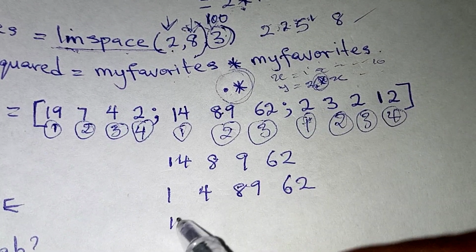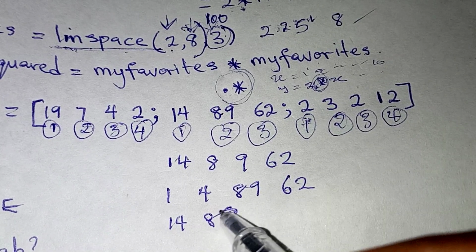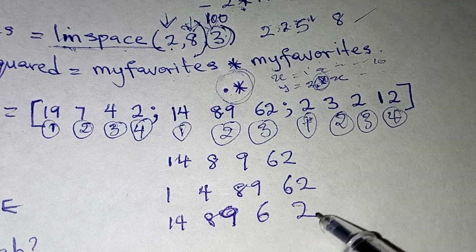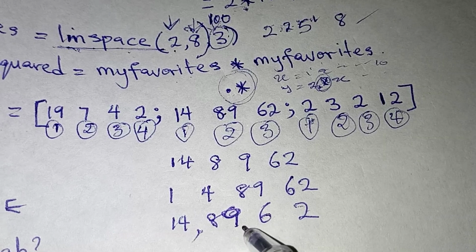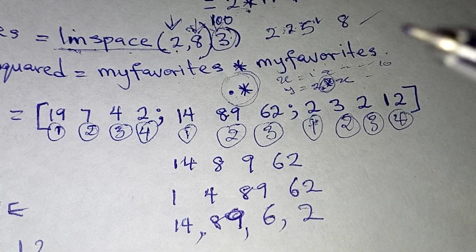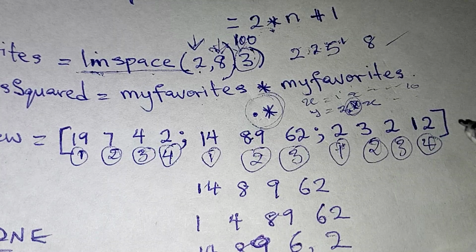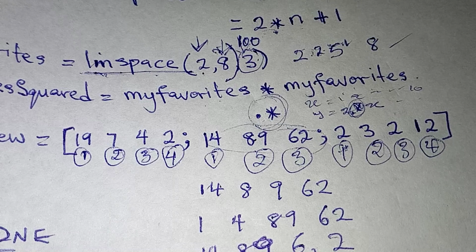However you do it, it can be 14, 89, ensure these are together, then you have your 6 and your 2. With this space in between, maybe you separate with a comma if you wish. It's okay, it will still give you the same thing. It will be able to run. But seeing it as 3 like this, it will not run.